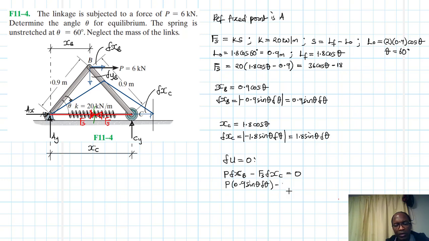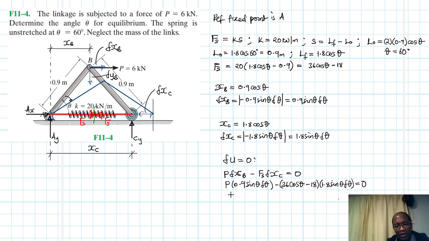We calculated Fs already: it's 36 cos theta minus 18, bracketed, and then we have del xc, which is 1.8 sine theta del theta.